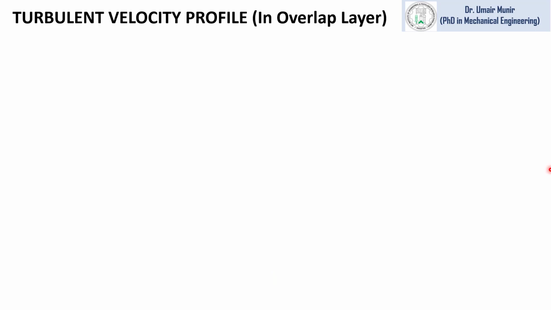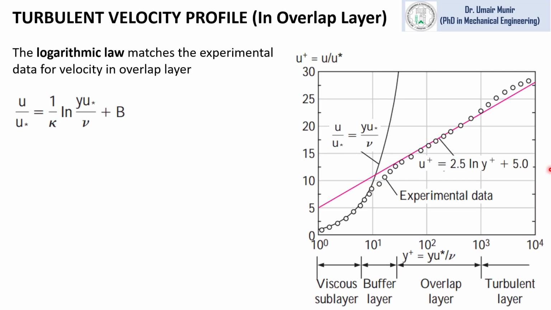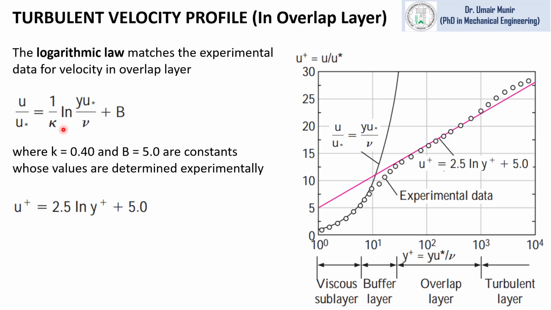Now we will define the relation for velocity profile in the overlap layer. In the overlap layer, the logarithmic law is applicable, which is defined by this equation. In this equation, k is equal to 0.4 and b is equal to 5, which are constants and determined experimentally.